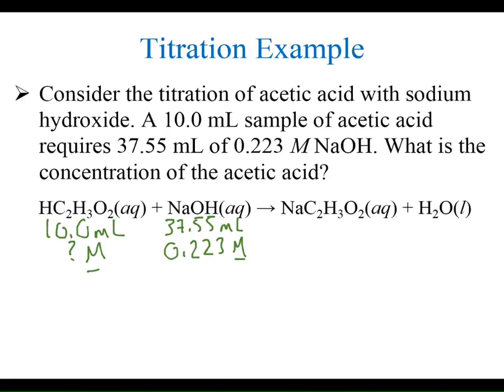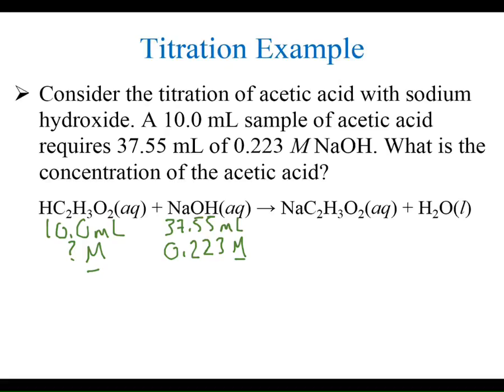Drawing on the board, so I don't have to hide our slide, I have an Erlenmeyer flask down here, and it has 10.0 milliliters of the acid. So I did a titration, and I added in 0.223 molar NaOH.